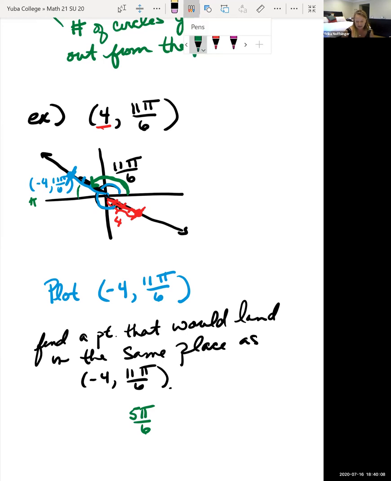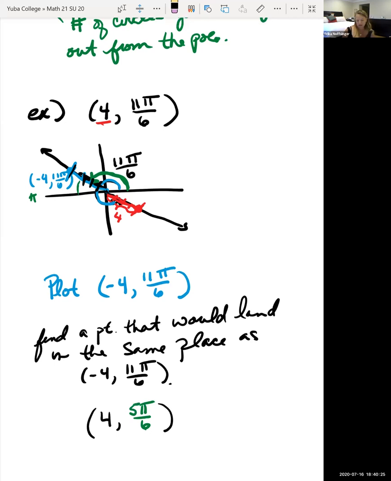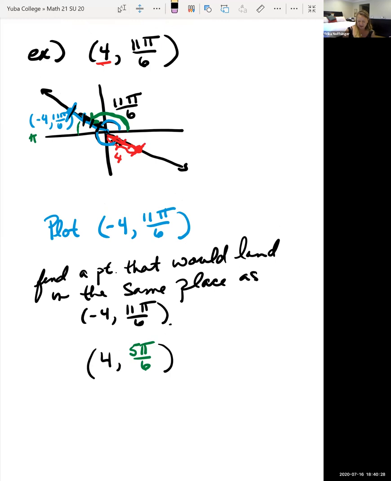Since I did it this way and I want it to go up from here, I would have to have it be +4. So basically I could get this by saying (4, 5pi/6 + 2pik), where k is an integer.